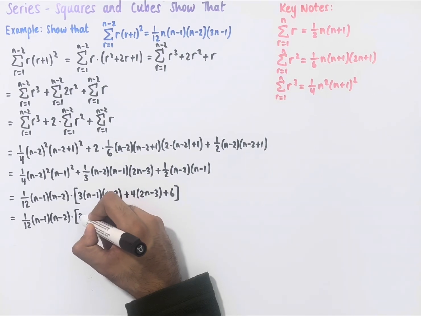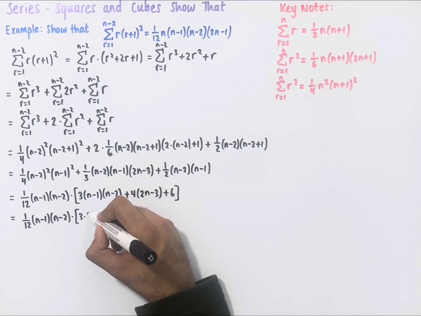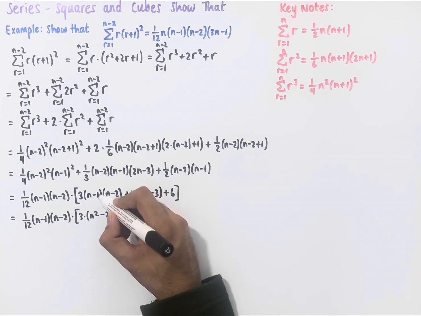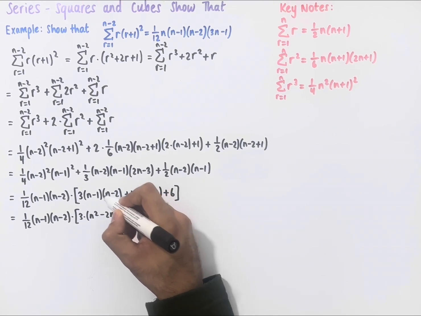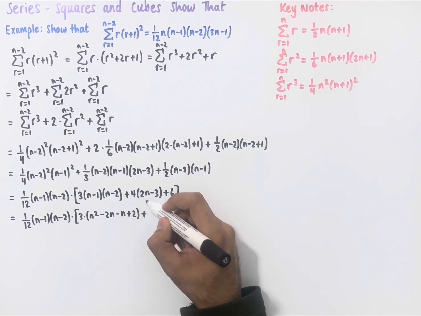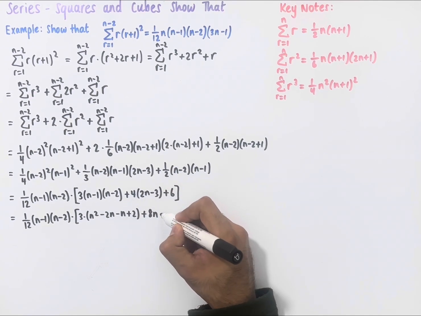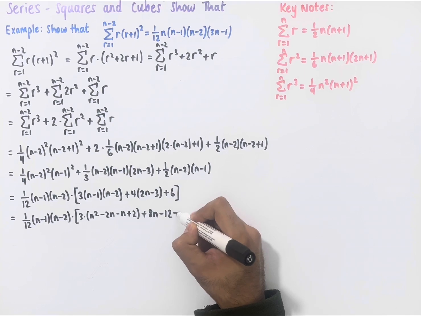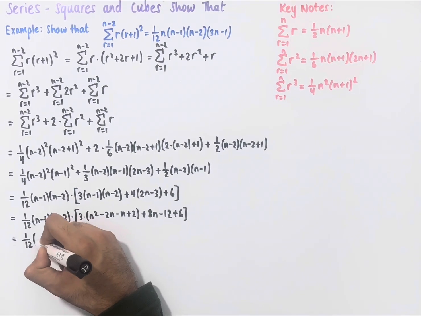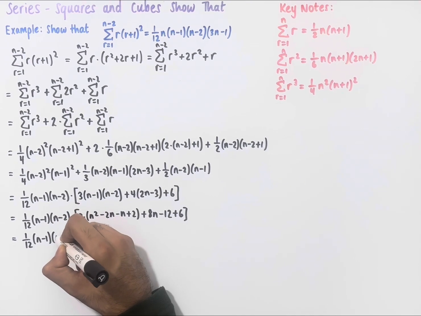So we have 3 times, now n times n is n squared, n times minus 2 is minus 2n, minus 1 times n is minus n, and minus 1 times minus 2 is plus 2. And then we have plus 4 times 2n is 8n, 4 times minus 3 is minus 12, and then plus 6. And so we end up with 1 over 12 (n minus 1)(n minus 2).